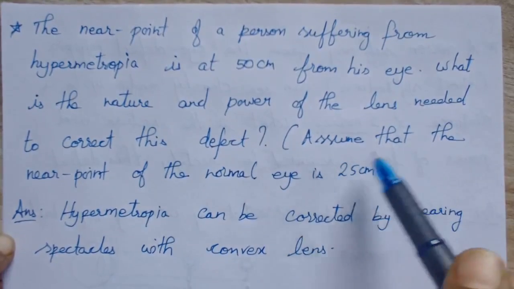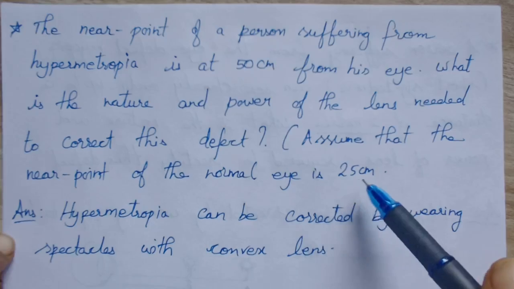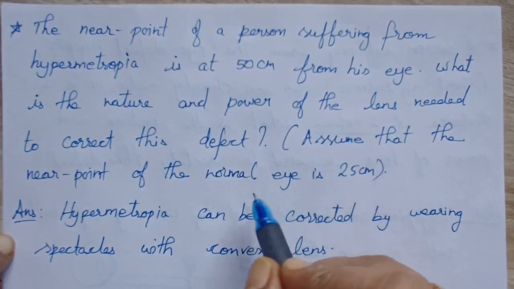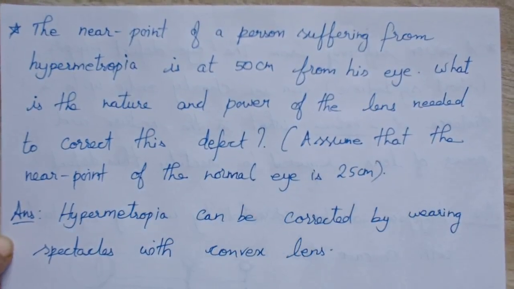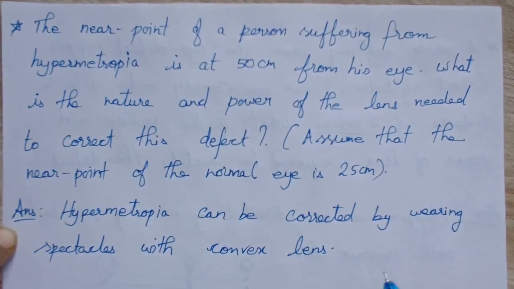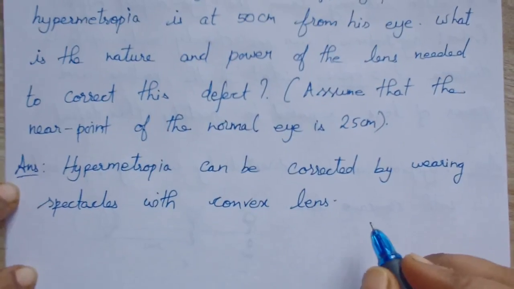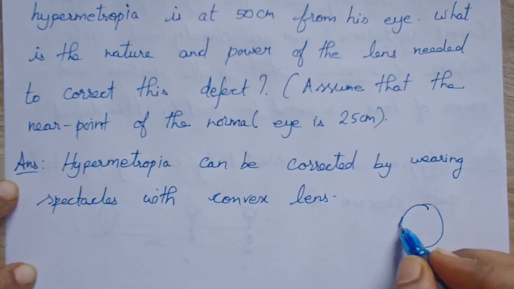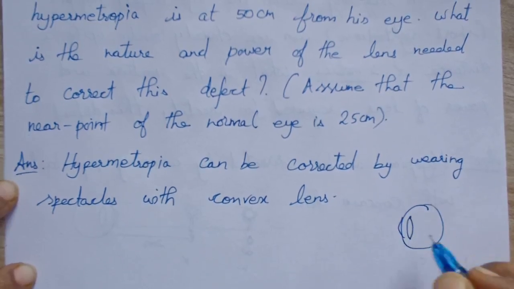Assume that the near point of the normal eye is 25 centimeter. That is the hint given, that we have to assume the near point of a normal eye is 25 centimeter. Far point will be infinity, that we know. So here, this is the eye, and the convex lens.